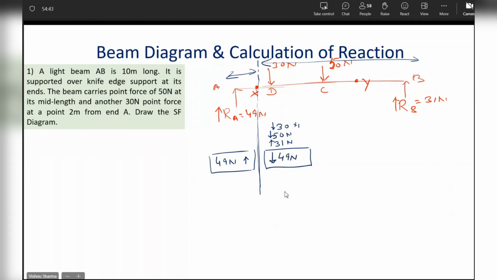Everybody agrees on this? Please let me know if anybody has any question here. What have I done? I've just found the resultant of forces to one side of this point X. First, I found it on the left of X, and then I found the resultant of the forces to the right of X. Does everybody agree that on both sides, the resultant is 49 newtons? Only thing is, when I came from the left end to point X, it was upwards. When I came from the right to point X, it was downwards. That's the only difference. Yes or no?